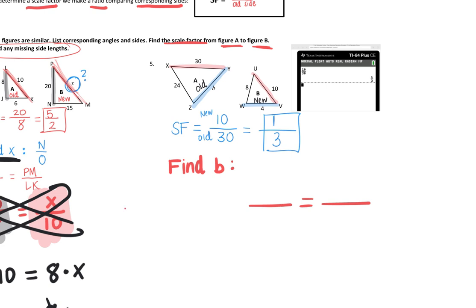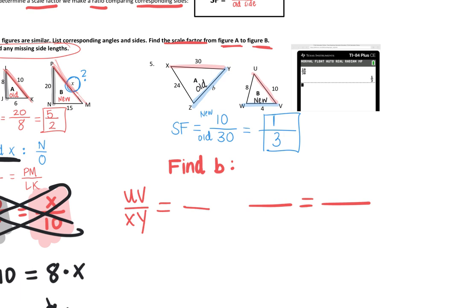But over here on the side, I'll do another part here. Talking about the red side, the one that has 30 and 10, the new one is 10. So UV should go at the top, and then XY should go in the bottom. So new over old, remember that.